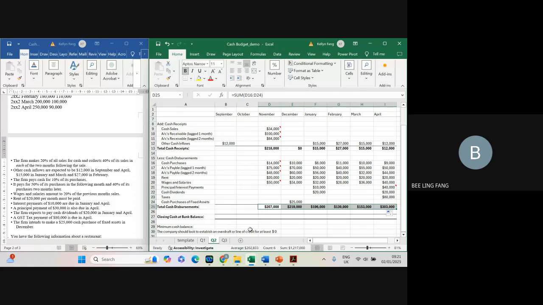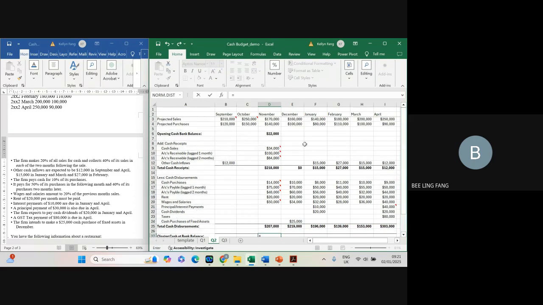Okay, so to calculate the balance, you have to take the initial amount plus this one minus this one.